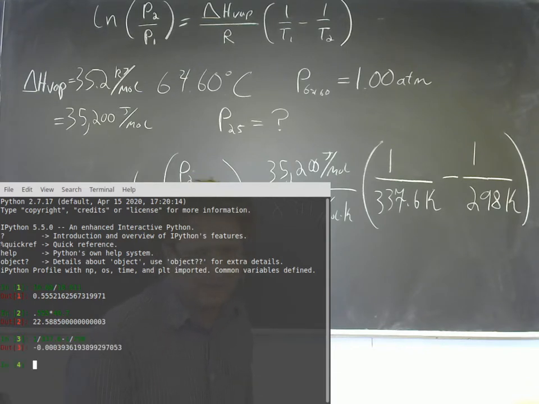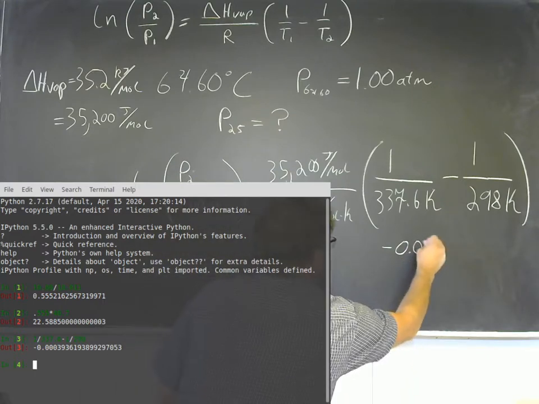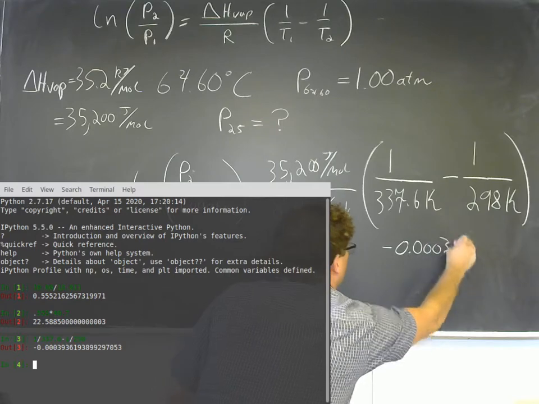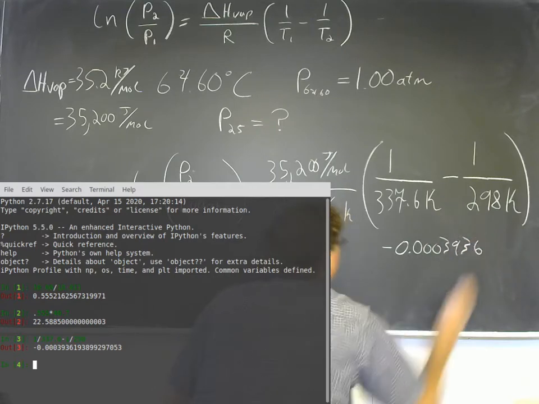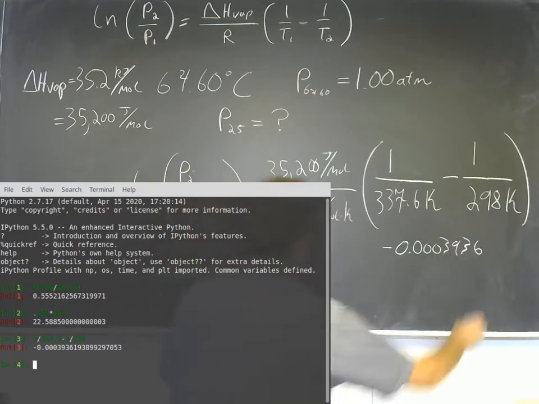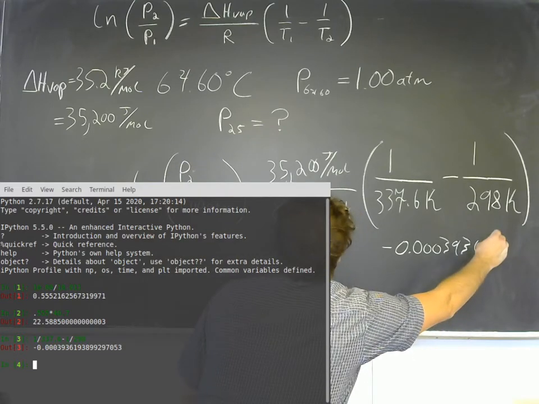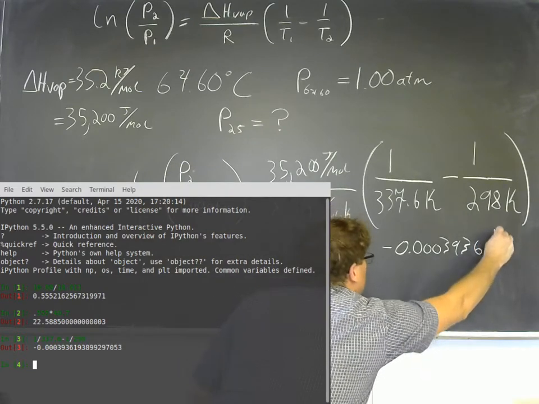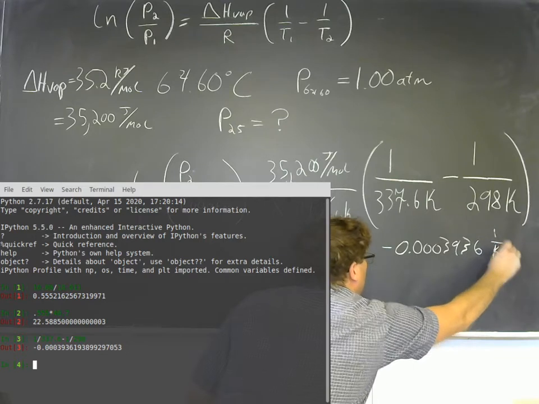And that's going to be a negative 0.003936, that's three zeros, 0.003936. And that has units of inverse Kelvin.